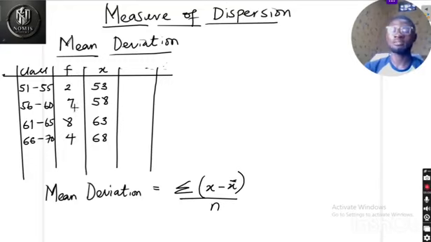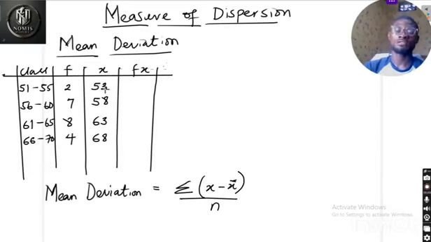Remember that the formula to calculate mean is summation fx all over summation f. So I will need fx. So let's get to our table to create fx. Fx is simply f multiplied by x.